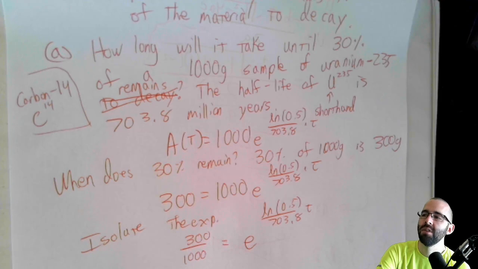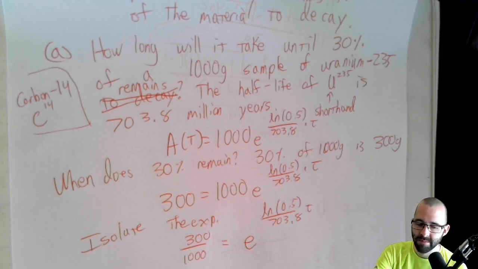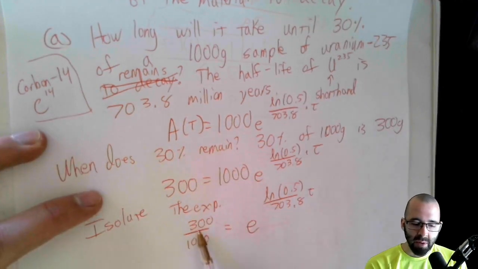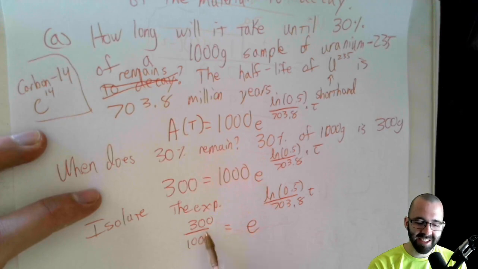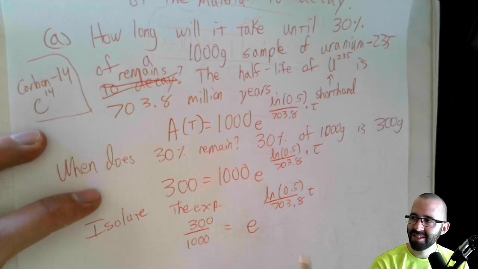And now we undo the exponential with its inverse function, the natural log. So we need to take the natural log of both sides. Also, fun fact, by the way, 300 divided by 1,000 is 30%. Not a coincidence. You don't like this?